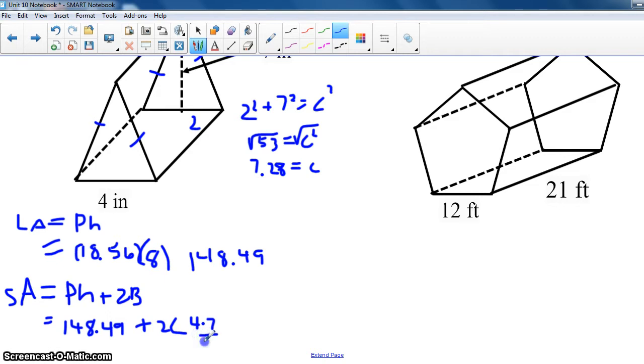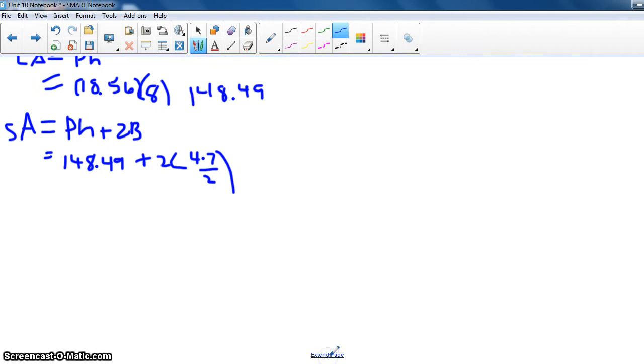And I'm going to divide that by 2. So I have 148.49 plus, let's see, 4 times 7 is 28.